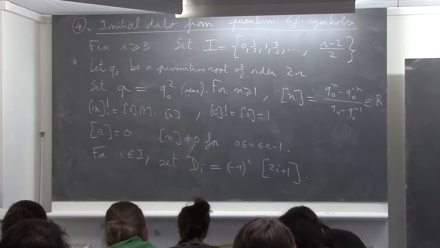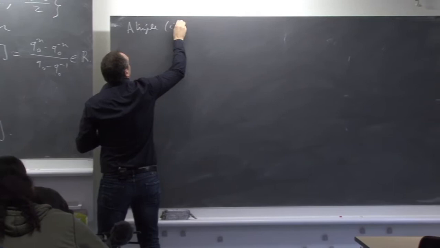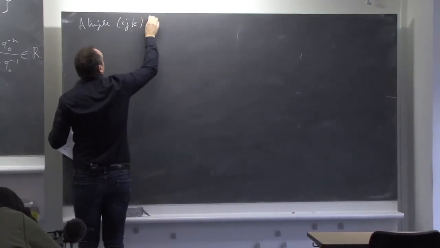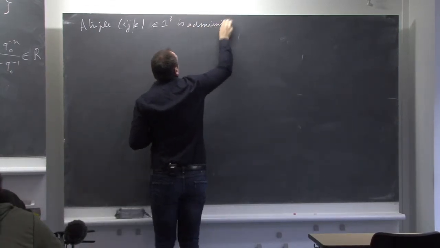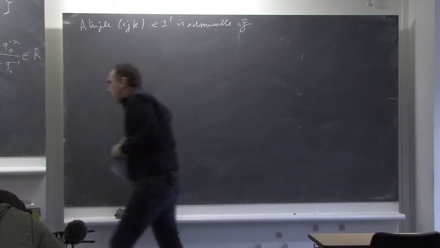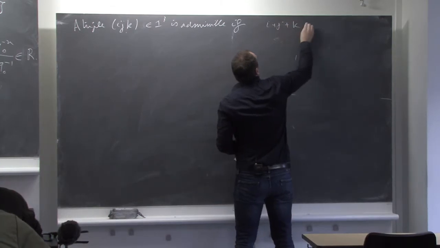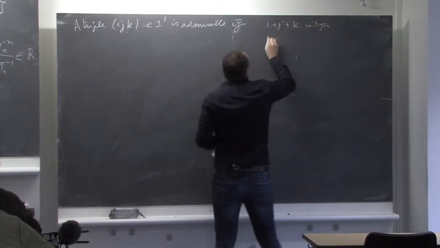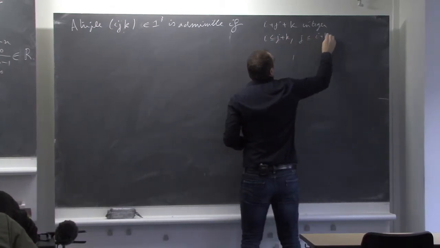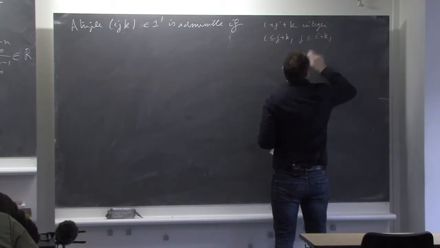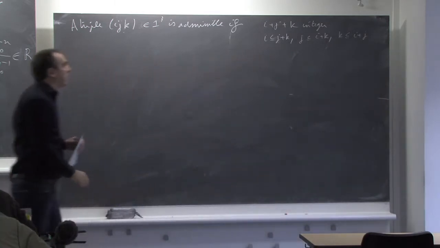Now I say that a triple i, j, k of elements of I is admissible if the following conditions hold: i plus j plus k is an integer, i less than j plus k, j less than i plus k, and k less than i plus j, so triangular inequalities.